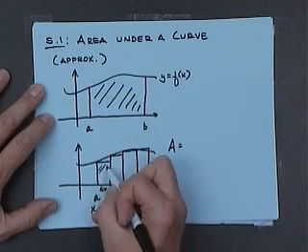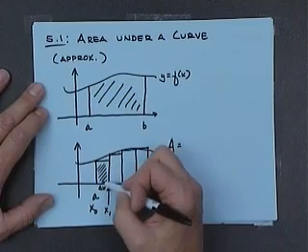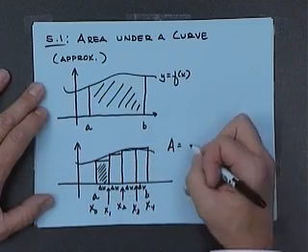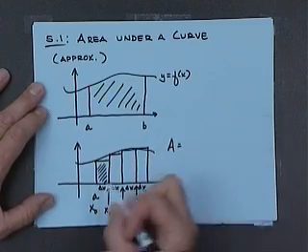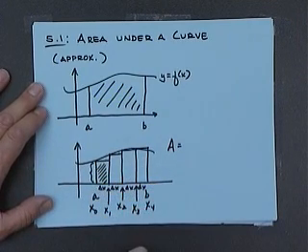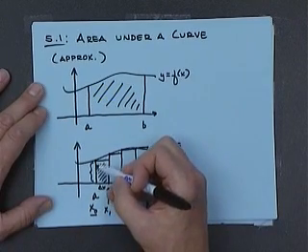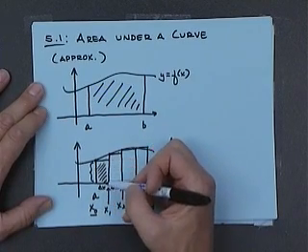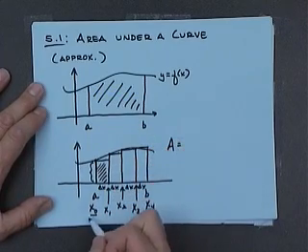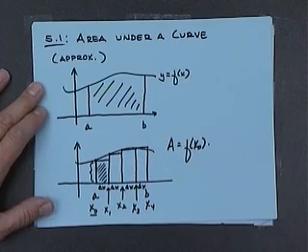So what is the area of the first rectangle? Well, it's the height of the first rectangle times its width. How tall is the first rectangle? It's this tall. What is that? Isn't that f of x0? Is that true? The first rectangle is f of x0 tall. How wide is it?